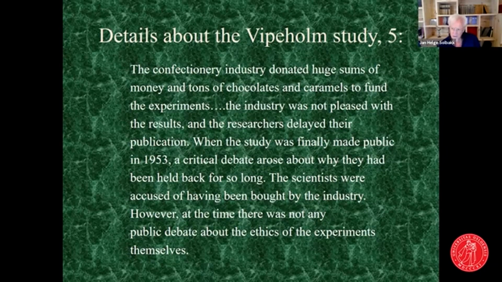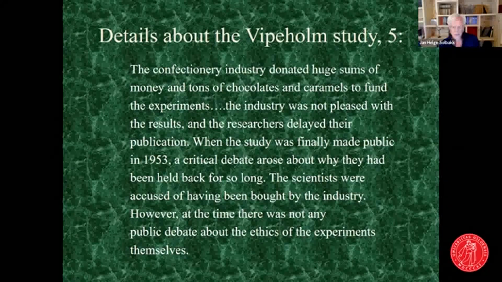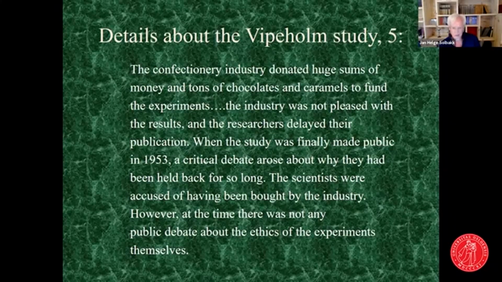In the first lecture this week, I mentioned this constant tension between the epistemological or scientific aims of doing research and the ethical objectives of doing research. This study, the Vipeholm study, for example, was the first scientific study that established a causal relation between sugar and dental caries.